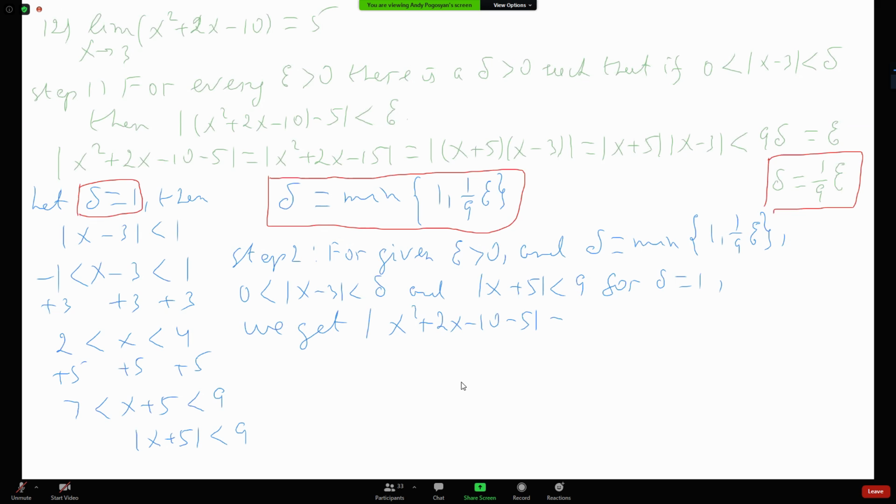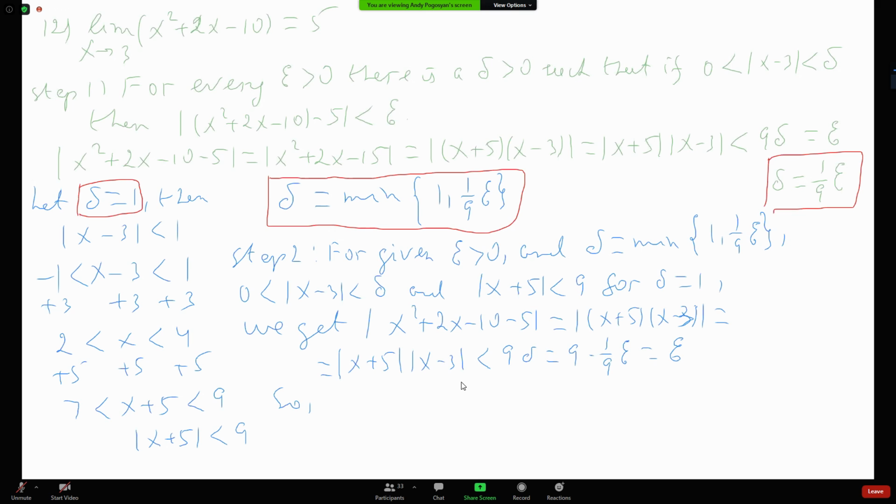We get, whatever you write, it doesn't make a difference, absolute value x squared plus 2x minus 10 minus 5 equals x plus 5 times x minus 3, which is less than 9 delta, but delta is 1 over 9 epsilon, so it becomes epsilon.